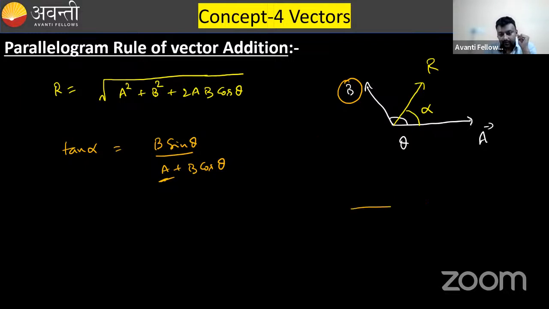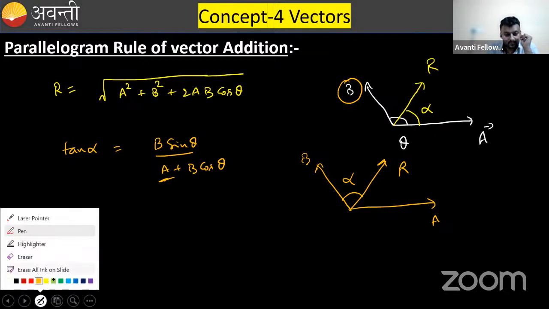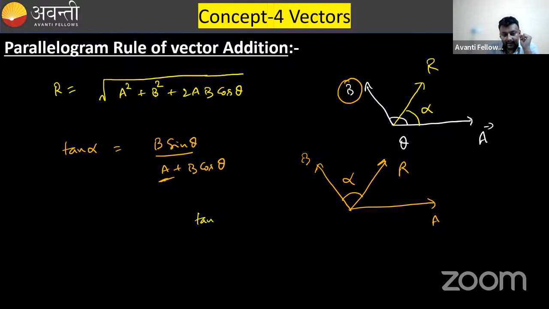For example, these are the two vectors A and B, and this is the resultant R. If I take alpha this way, then tan alpha will be written in terms of B. According to the relation, B is the vector which is away from alpha.